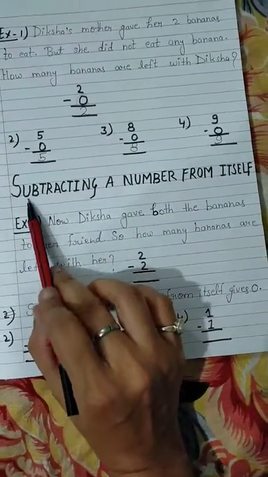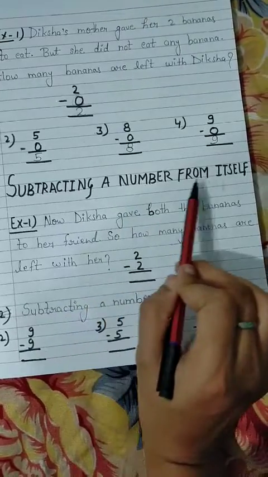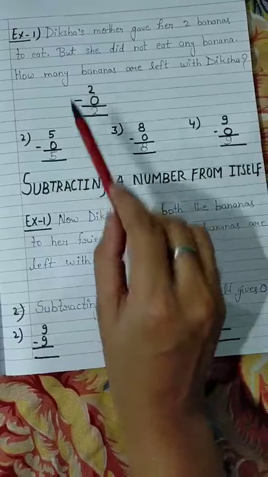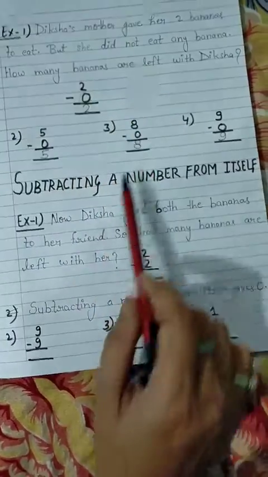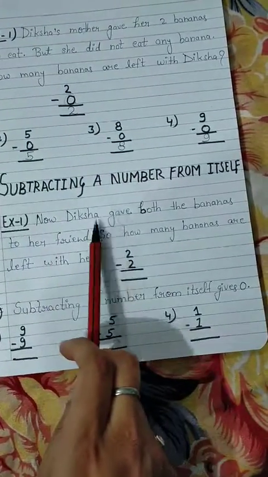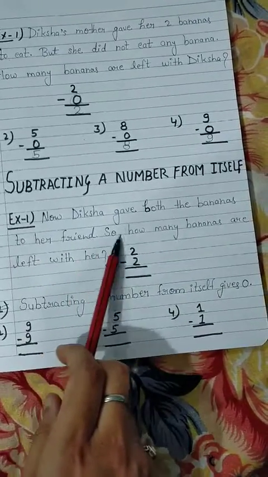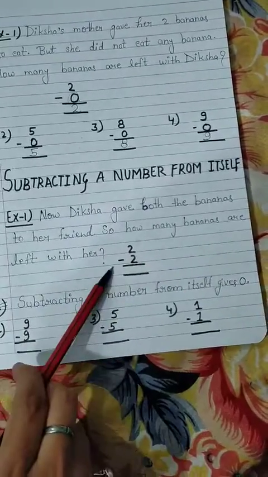Now student, subtracting a number from itself. For example, let's take the example of Diksha's mother. Now Diksha gave both the bananas to her friend. So how many bananas are left with her?